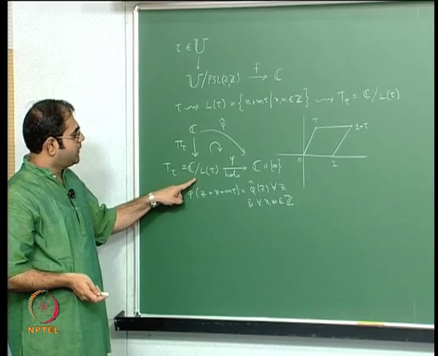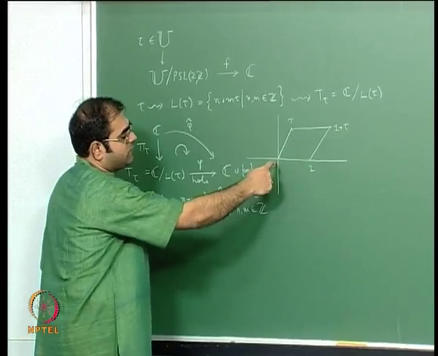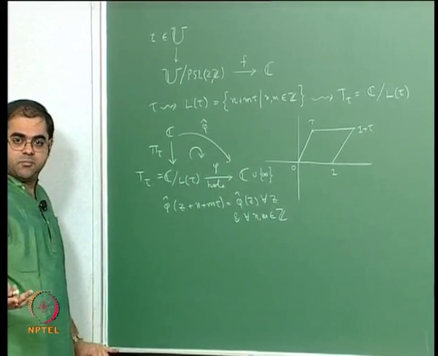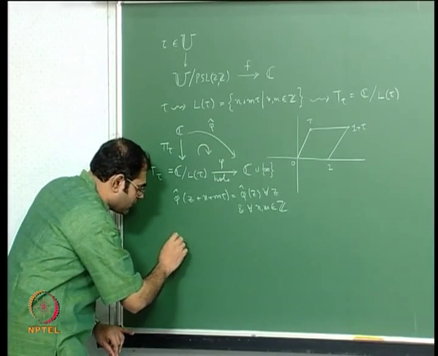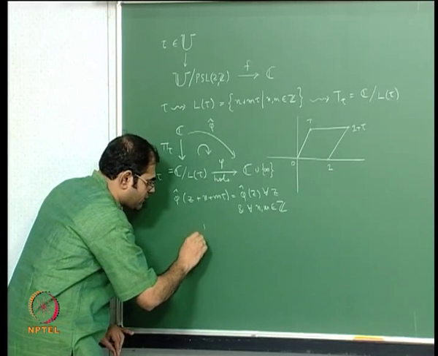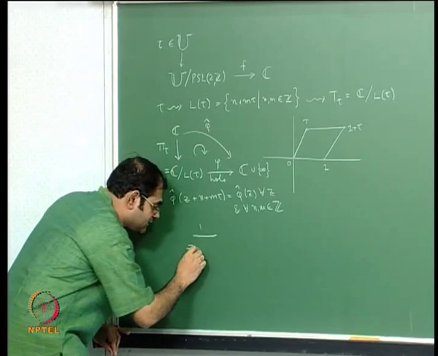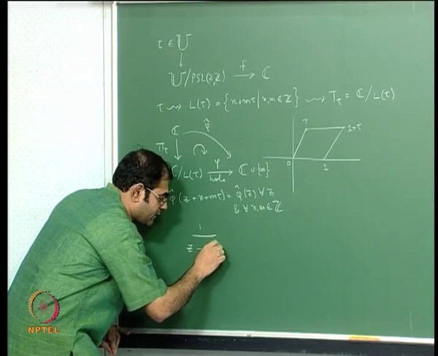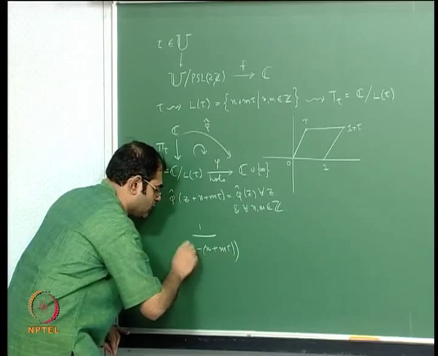So we wanted a function which had a pole at each point of this lattice, and the pole has to be a double pole. Therefore we were able to guess that roughly, if you want a pole at the point n plus m tau of the lattice, then one simple function that I can write down is of this form: 1 over z minus n plus m tau, whole squared.